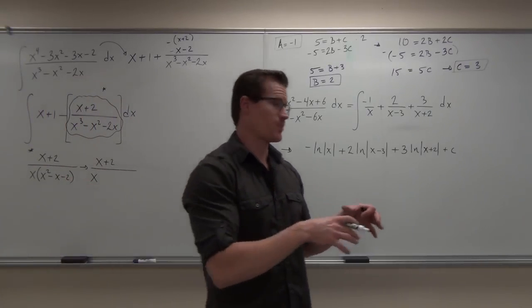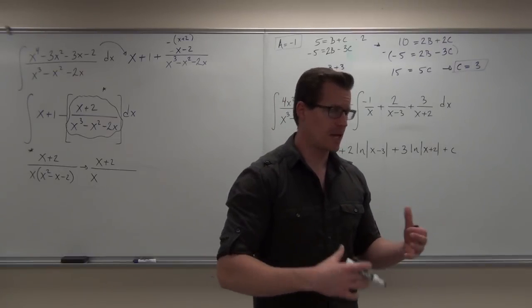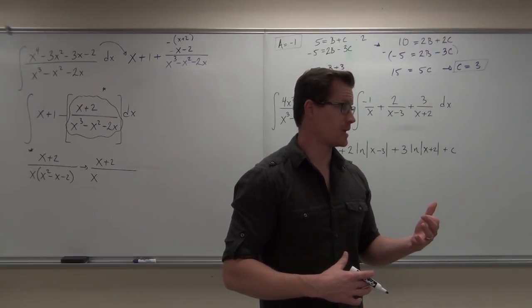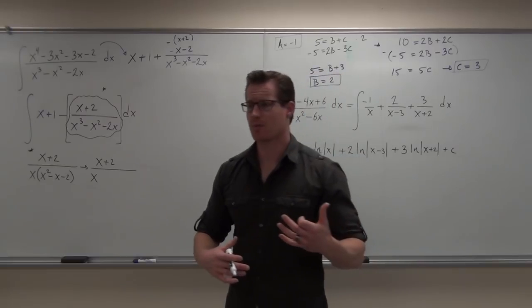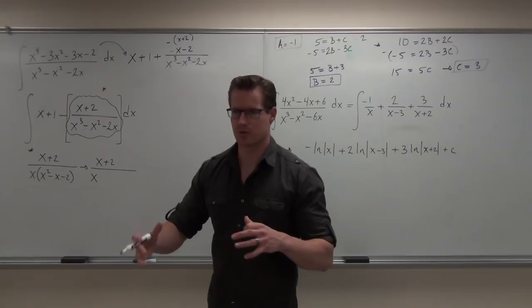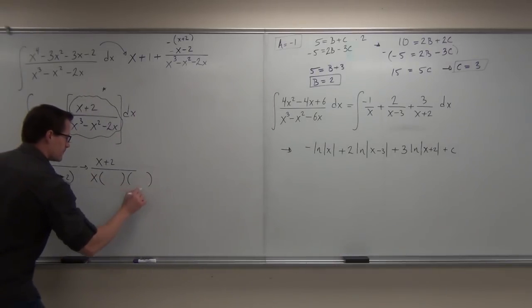If you have a quadratic, you have to prove it's irreducible, that you can't factor it. That would be done by doing a discriminant and finding out that it's negative. If the discriminant is negative, that means you have a complex root and therefore it can't be factored. So you prove that, or you at least go through it in your head. Now this can be factored. What is it? It's x minus 2 times x plus 1.